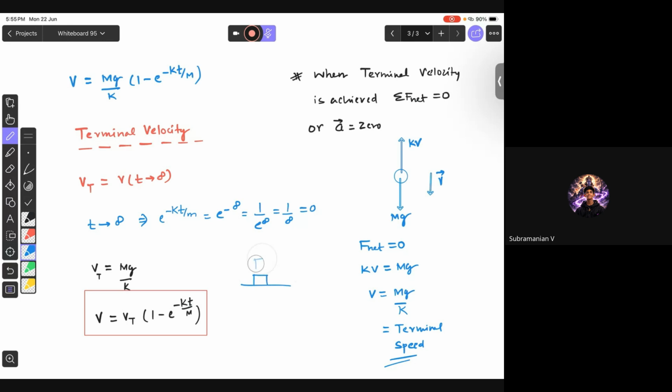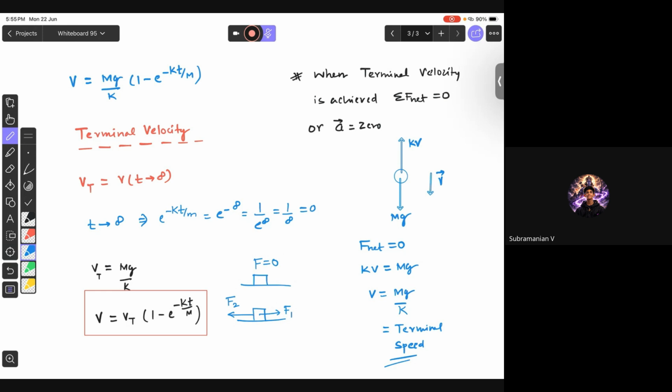One case, no force acting. Another case, forces are acting, but they cancel out. Obviously forces will be acting, mg will be acting. I'm taking net force 0. Clear?